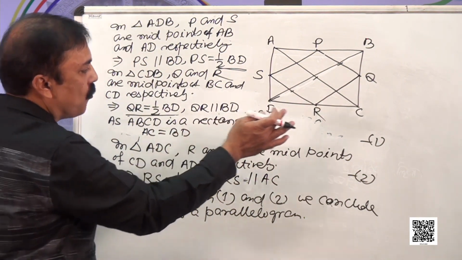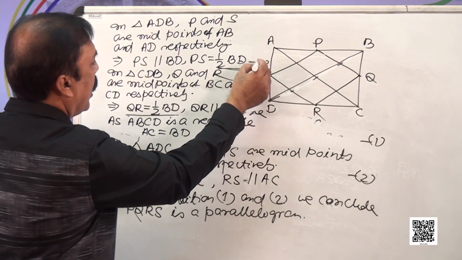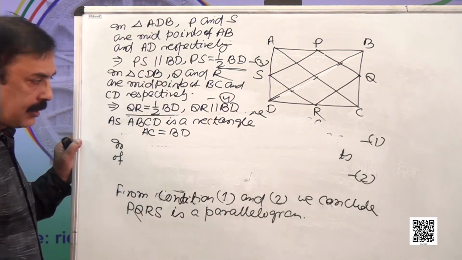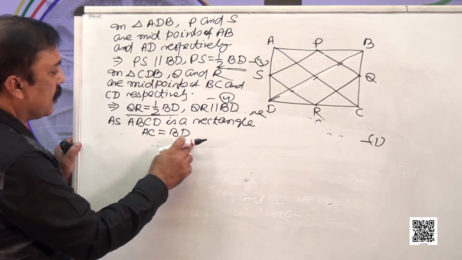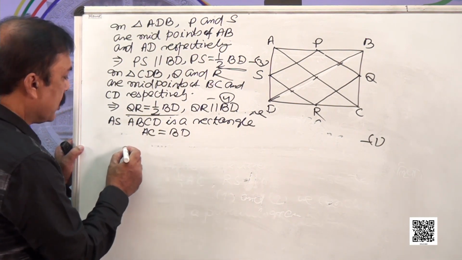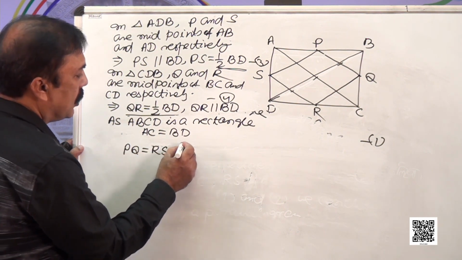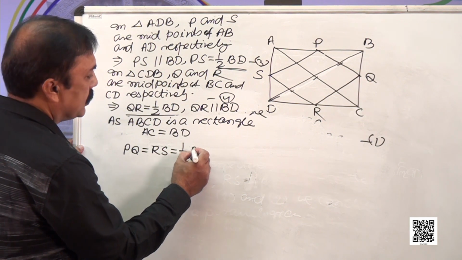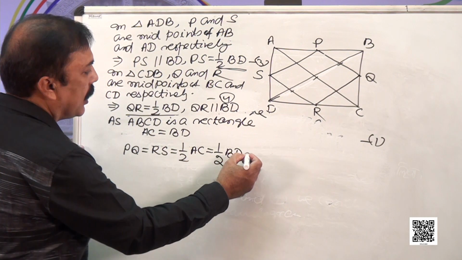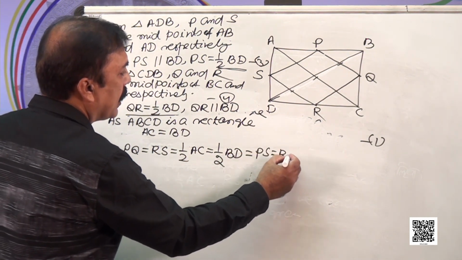So from equations 1, 2, 3 and 4, we get as AC equal to BD, so half of AC equal to half of BD, and as we proved that PQ equal to RS is equal to half AC, and half AC equal to half BD, and half BD is equal to PS and RQ.